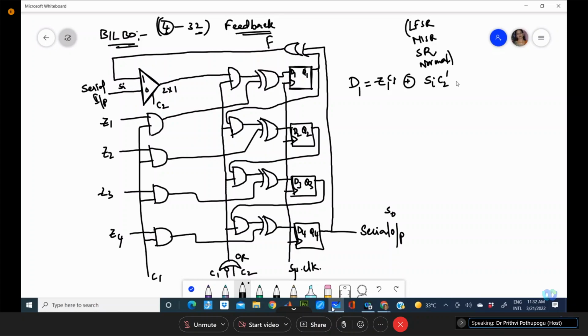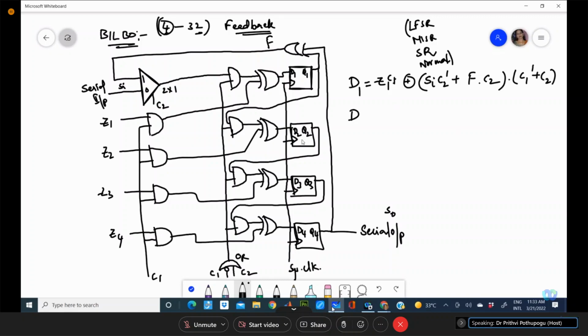Or the feedback, that 1 will be coming with C2, if I'm correct. And not only that, you have one control here, that control is nothing but C1 dash or C2. This is the equation for the first flip-flop.